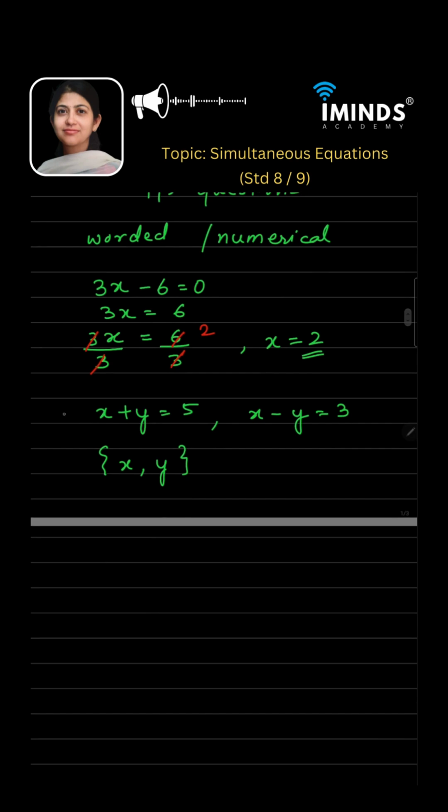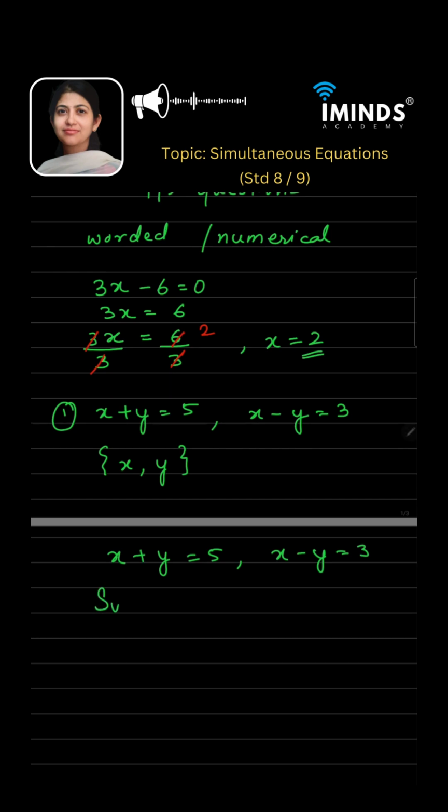Now let us take this same example. Let this be our first example. So now here we are having two equations, x plus y is equal to 5 and x minus y is equal to 3. Okay. Here, first, there are two popular methods of solving simultaneous equations.